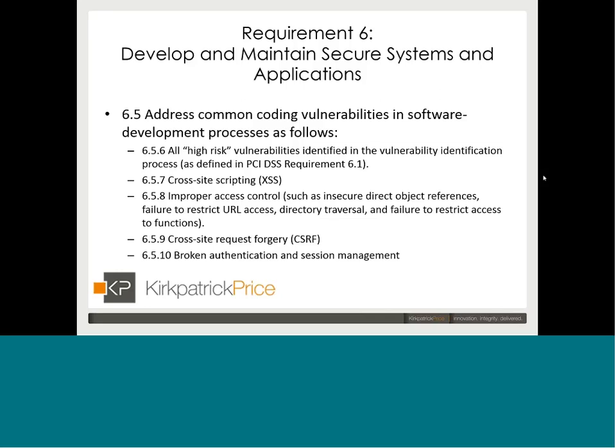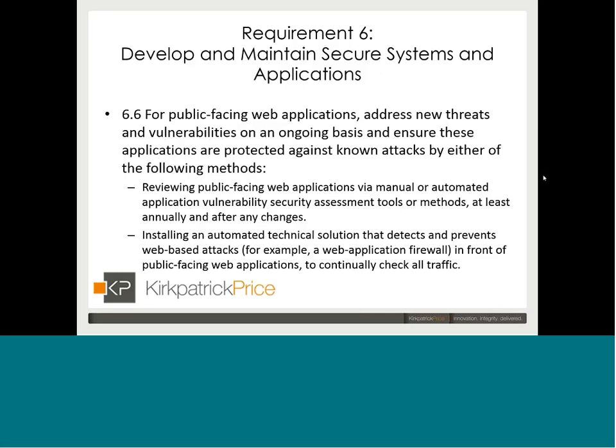Okay. And next we have requirement 6.6, which requires companies to address new threats and vulnerabilities on an ongoing basis and ensure their web applications are protected against known attacks. Now, Steve, I know it's recommended here to review public-facing web applications for vulnerabilities at least annually, but how often would you recommend performing a review?